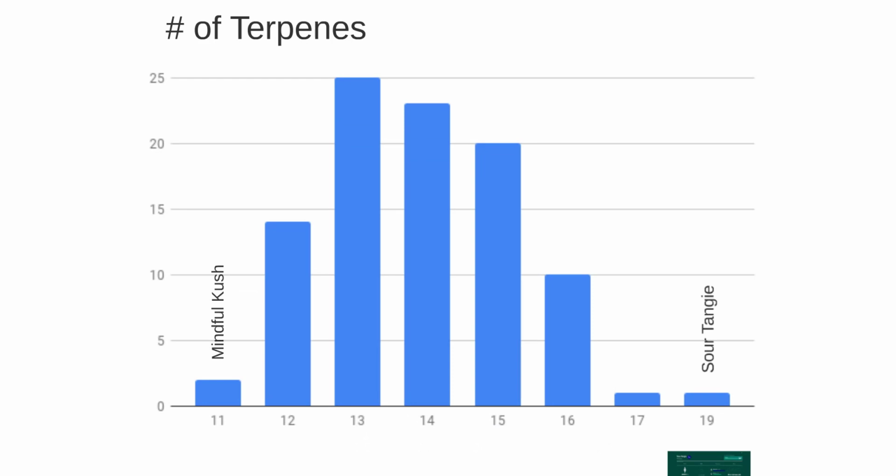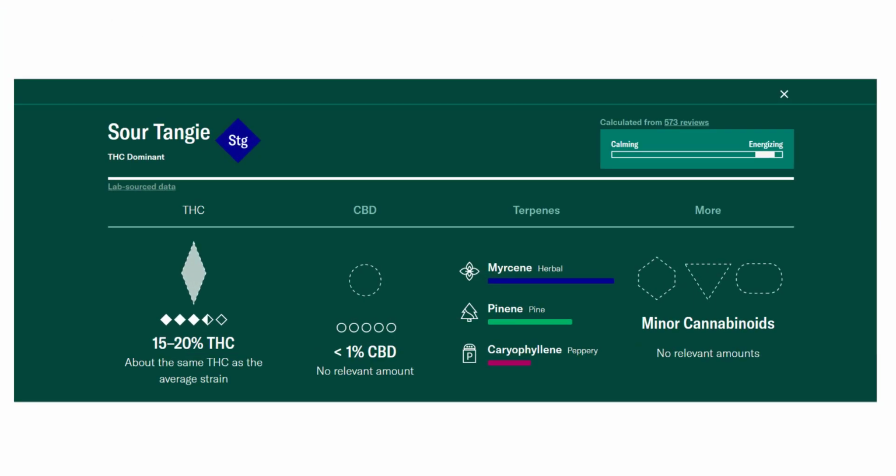When we take a look at the number of terpenes in each of the strains, what we see is that on one end of the continuum, the mindful kush has about 11 of the terpenes, but the sour tangy has 19, 8 more terpenes in its analysis. Now, when we take a look at the sour tangy breakdown, and again, this is from Leafly, what we're seeing is that this is a myrcene dominant strain.